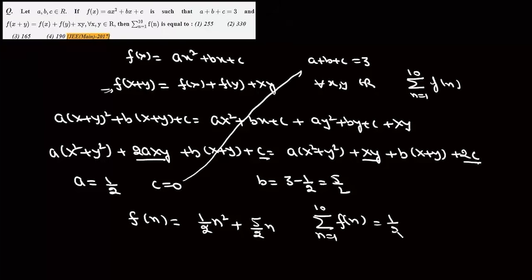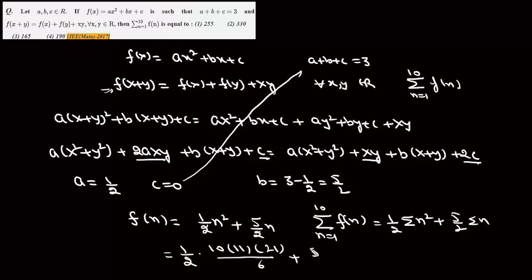Now we need to find this summation fn, where n varies from 1 to 10. So it will be this 1 by 2 summation n square plus 5 by 2 summation n. Now this is 1 by 2, value of n is 10. So it will be n plus 1, 2n plus 1 whole divided by 6 plus 5 by 2 n plus 1 by 2.